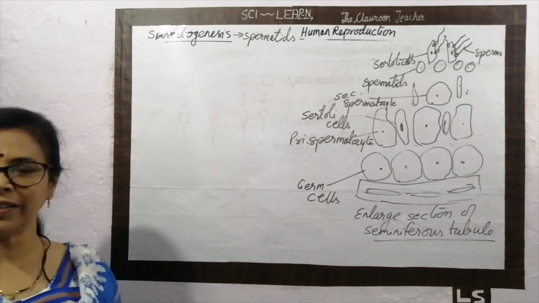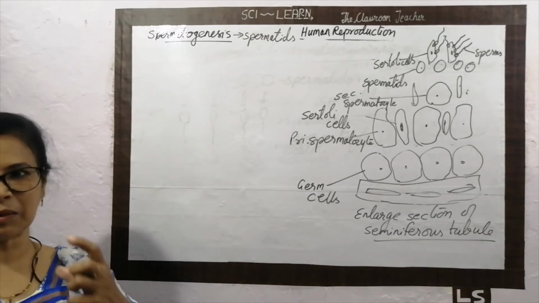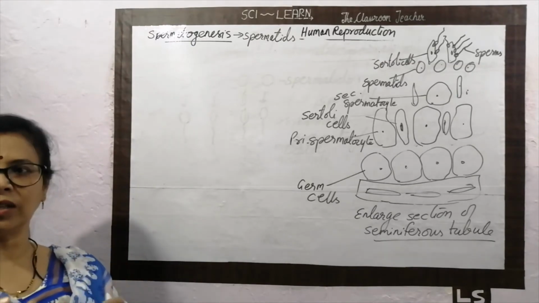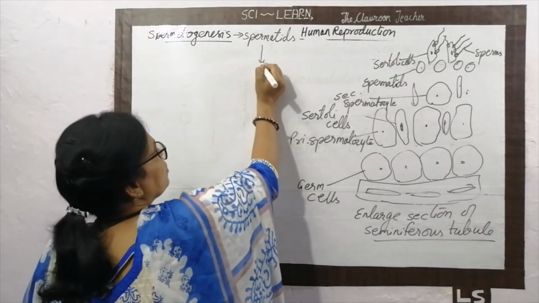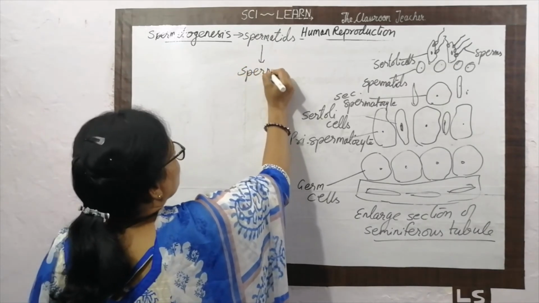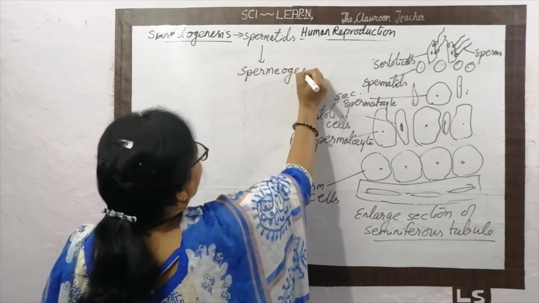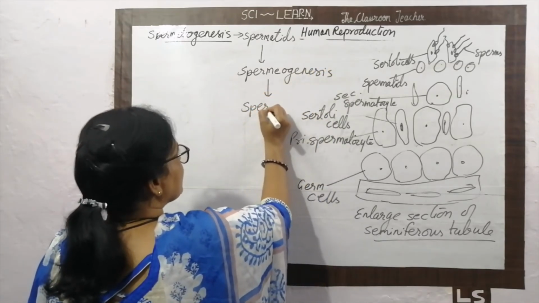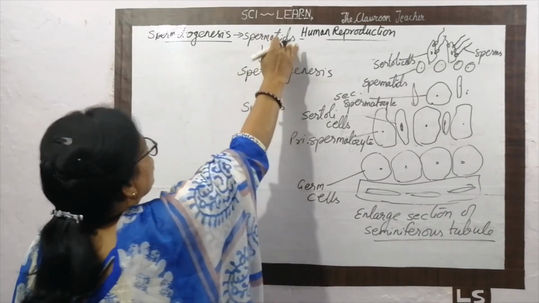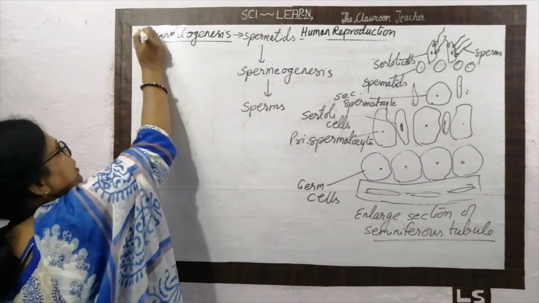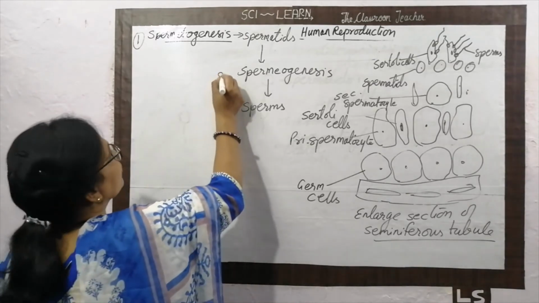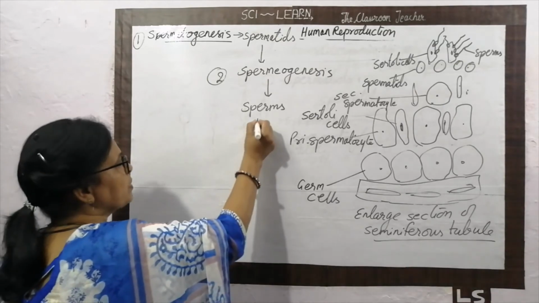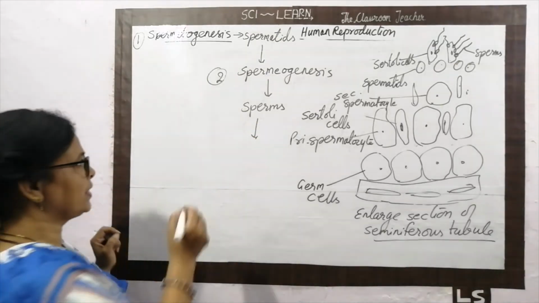The process by which the spermatid is converted into sperm is called spermiogenesis. As a result of spermiogenesis, sperms are formed, and these sperms are embedded in Sertoli cells.